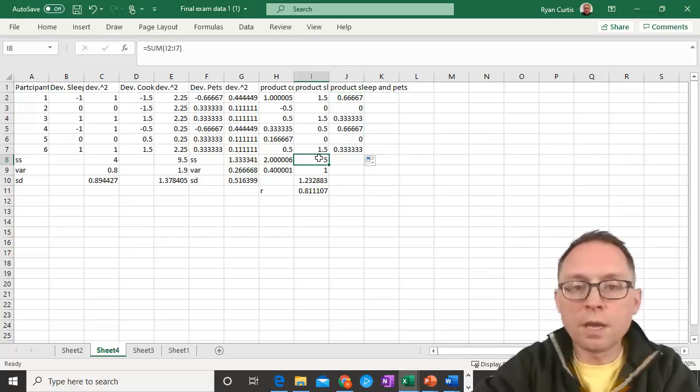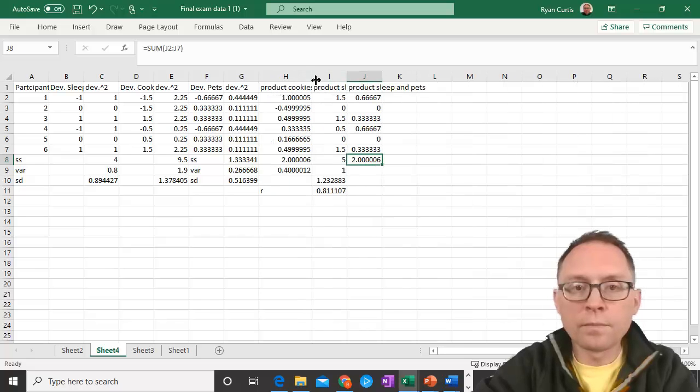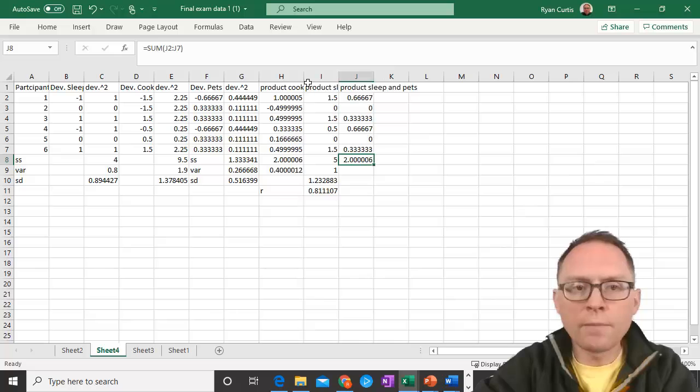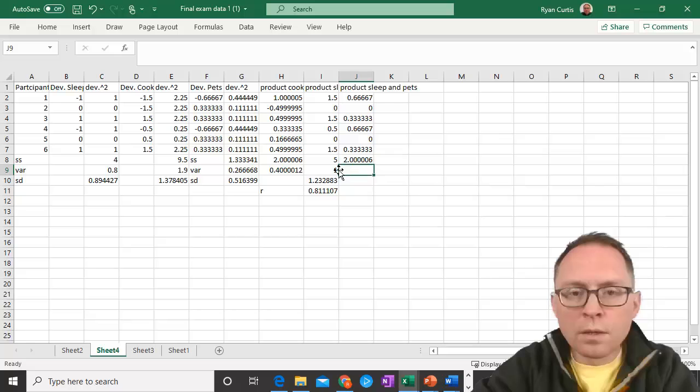Then we're going to get the sum. So that's the sum of that, 2.006, right? Right there. Then we're going to divide that by n minus 1.